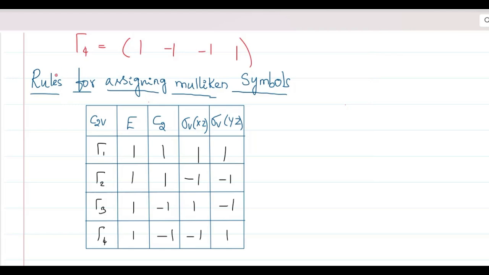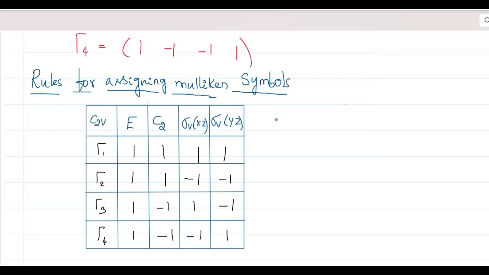Let us assign the Mulliken symbols for the irreducible representations. So this is how we have constructed the characters for the symmetry operations for each irreducible representation. Now let us assign the symbols, for which the rules have to be followed.